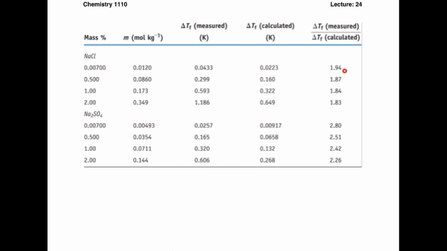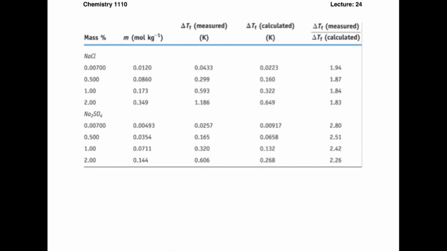Perfect value being 2 for something like NaCl, and the perfect value being 3 for something like sodium sulfate. And again, we can see that it's not exactly 3, even for dilute solutions. And this is due to ion pairing, which is a result of non-ideal behavior in these solutions.